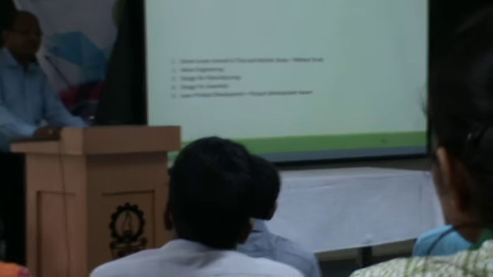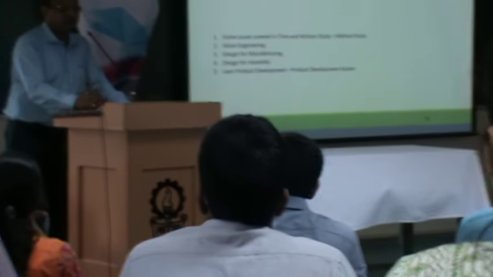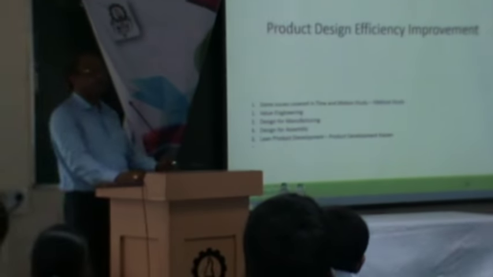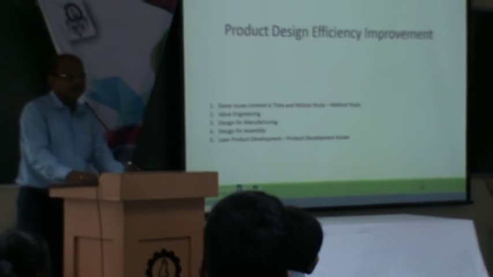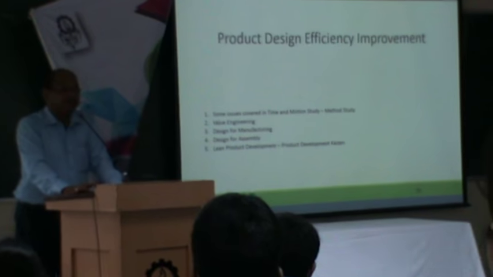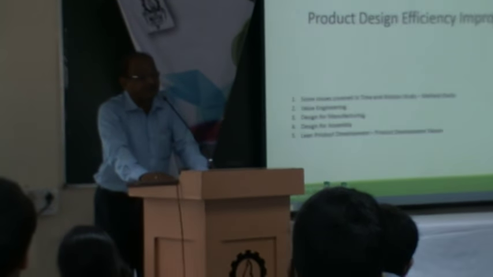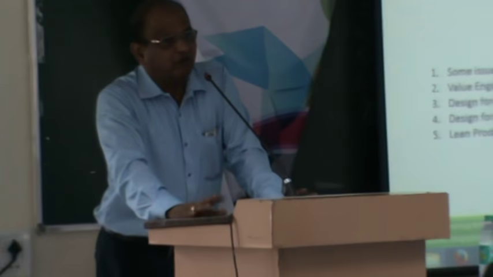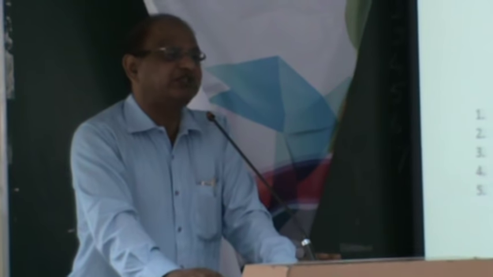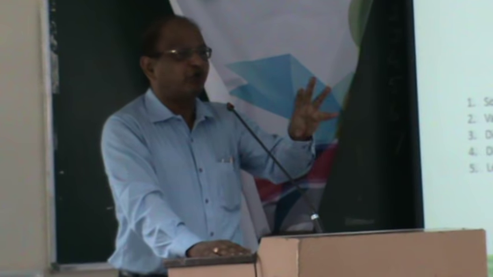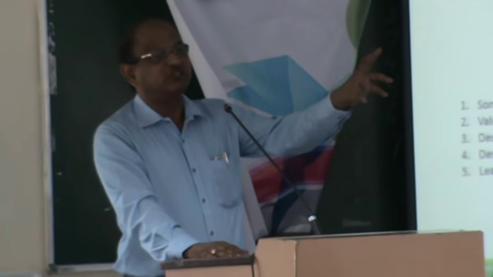How you are going to examine the product design, those issues are there. But there is a subject called value engineering, which was developed by an engineer working in purchase, right? L.D. Miles was at General Electric. He developed a subject called value engineering. Now that becomes the main subject which focuses on product efficiency improvement.